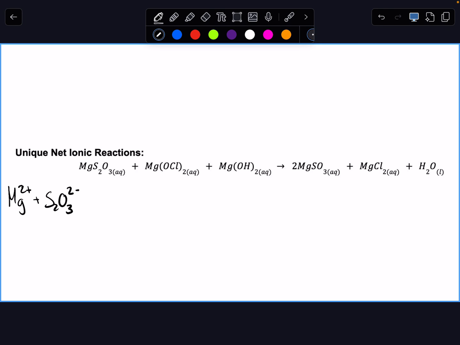So there's our first compound. All right, next one. We got another Mg2 plus. It's paired with an OCl. And since there's 2 of them here, I'm going to put a 2 out in front, and each of them has a -1 charge.